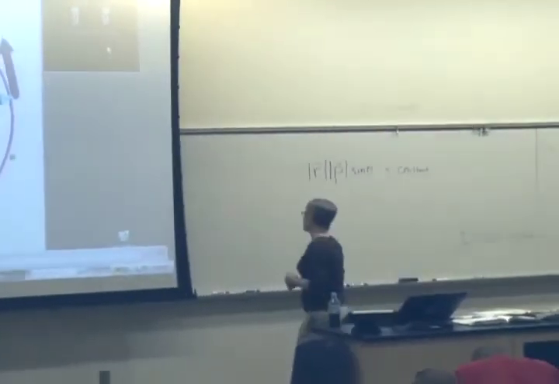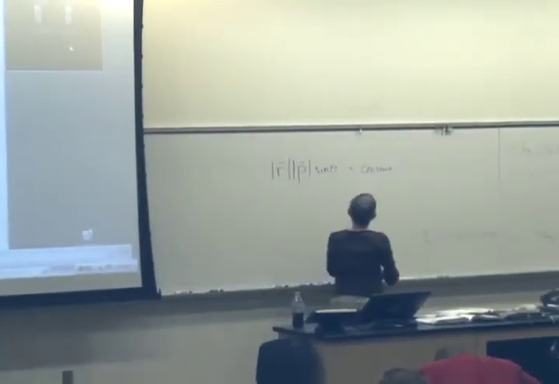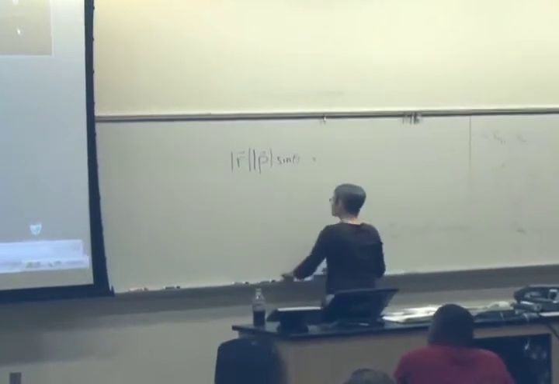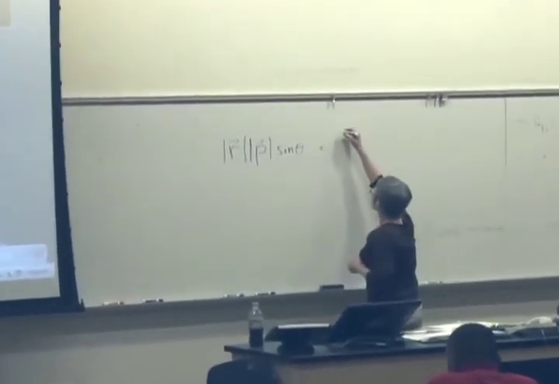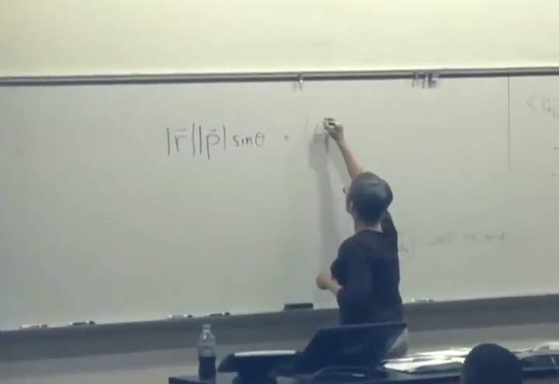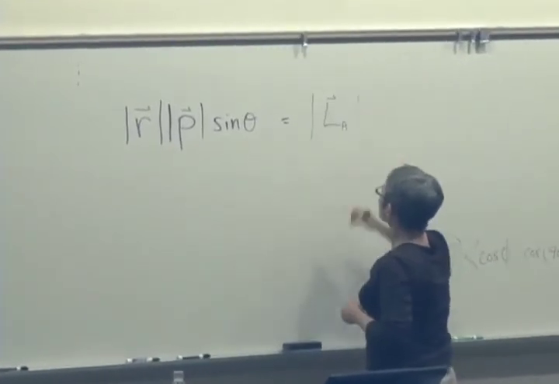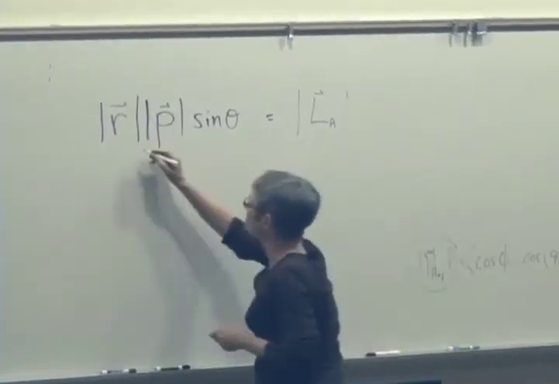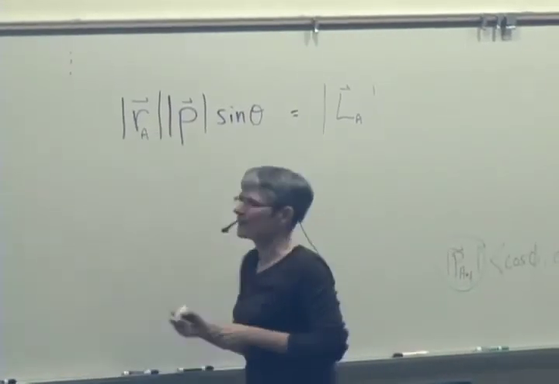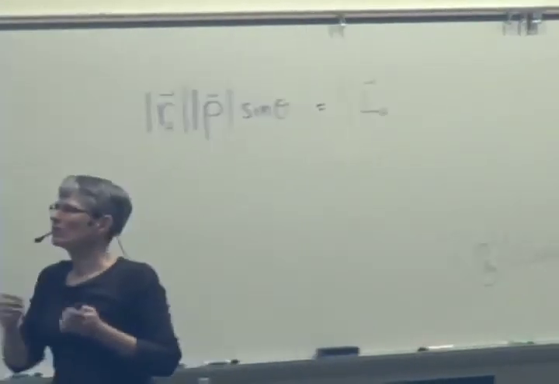So we could say that this would be the magnitude of something. So this turns out to be what we call the magnitude of the angular momentum. And we usually call this r sub A just to remind us that we have to specify the point that r is starting at.